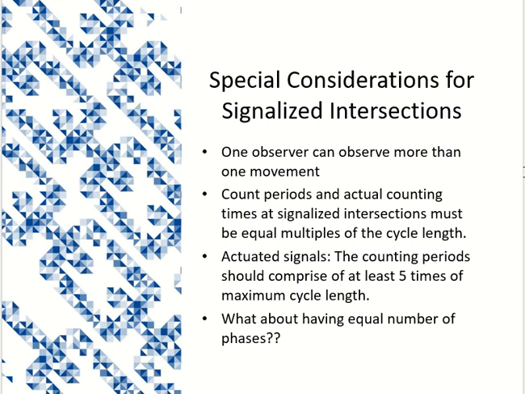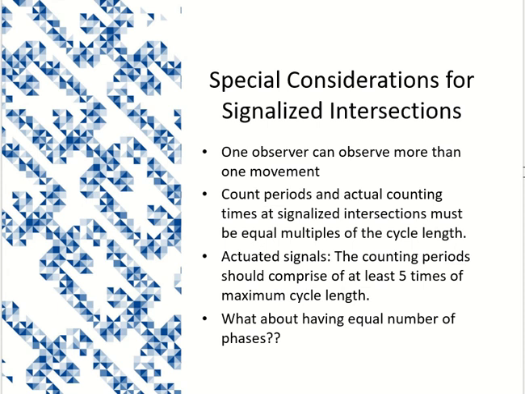Now I mentioned cycle last time. What do you mean by a cycle? What is the cycle of a signal? From red to red. And there is a time which the signal takes from one red to the next red, right? Now your observation time and your break time should be a multiple of the cycle length.